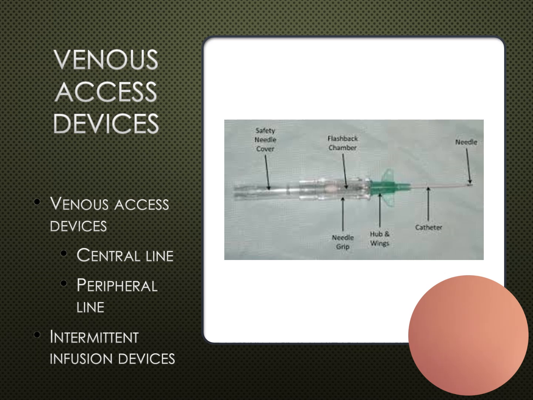We also have central lines. Central lines are going to be placed into large veins near the heart, and they're intended for long-term use. Infusion of potentially caustic drugs, or TPN, total parenteral nutrition, multiple concurrent infusions, central venous pressure monitoring, larger volumes of fluid, and we can also use them for blood sampling.